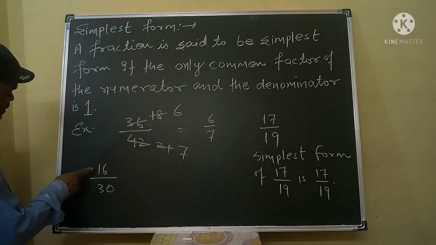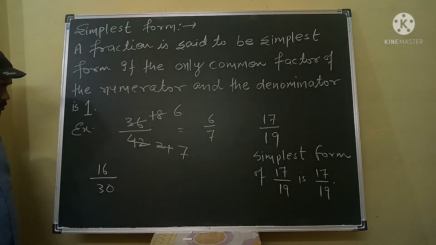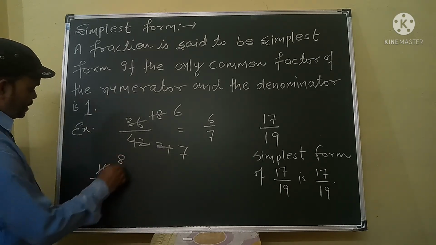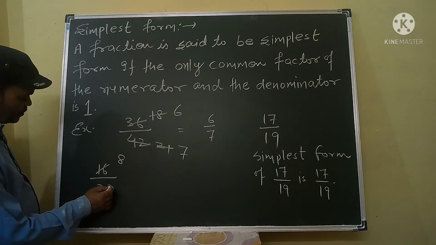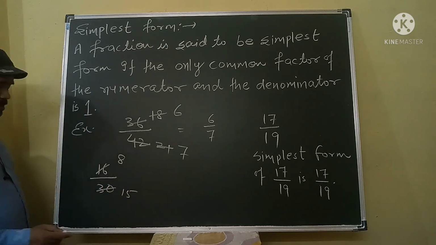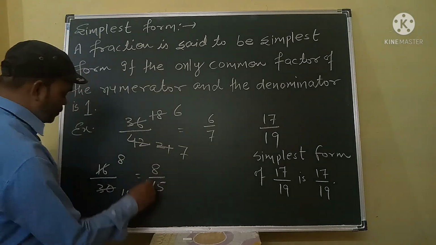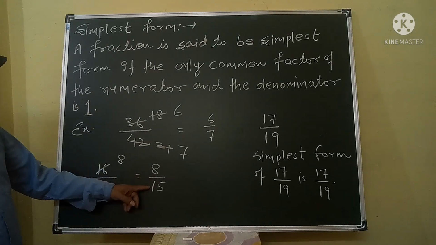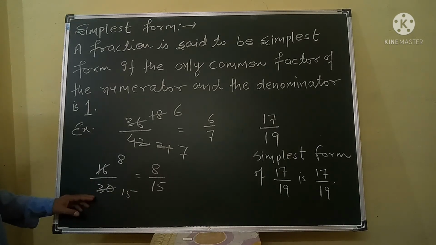You know very well, 16 and 30 are divisible by 2. If 16 is divided by 2, you will get 8, and if 30 is divided by 2, you will get 15. That means this is 8 upon 15. So 8 upon 15 is the simplest form of 16 upon 30.